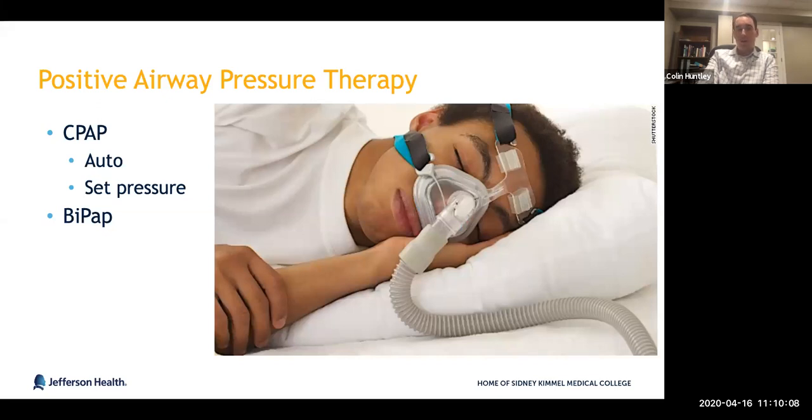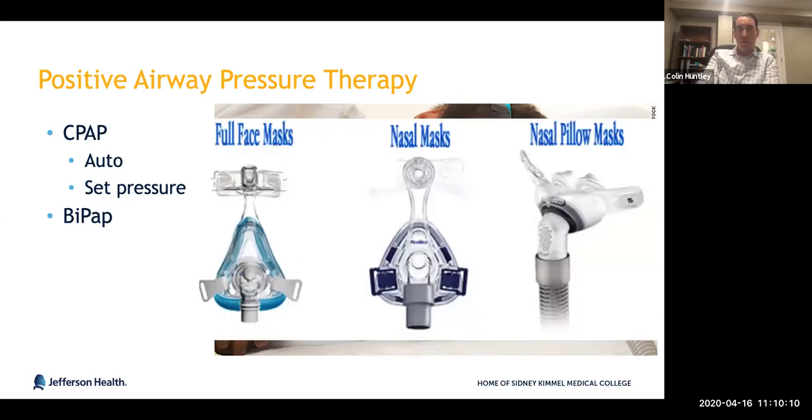We know that it controls their symptoms and has significant impact on comorbidities. And these are just some examples of masks. So you have a full face mask, a mask that just goes around the nose, and a nasal pillow mask. These are three of the general designs, and you're trying to fit for comfort, limiting leak, and also tolerability.